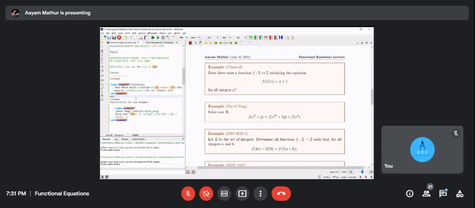But the issue with that is 1/2 is not an integer, so f would no longer be from integers to integers. And so the answer is no such function exists. So this was just a cute little application of the triple involution trick as it's popularly known.